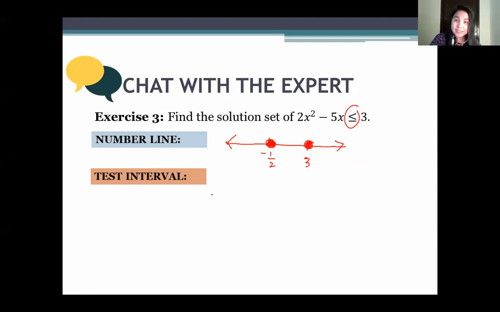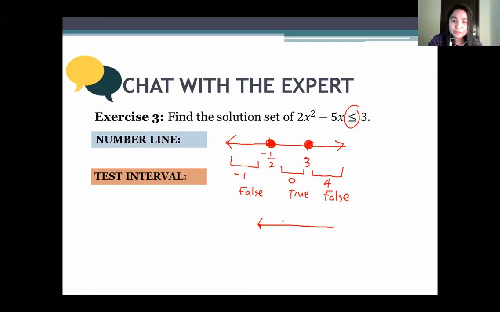So in your test interval, the number here can be -1. In the middle, it can be 0. In the after, it can be 4. Then it's false, true, and false. So how do I write my final answer?